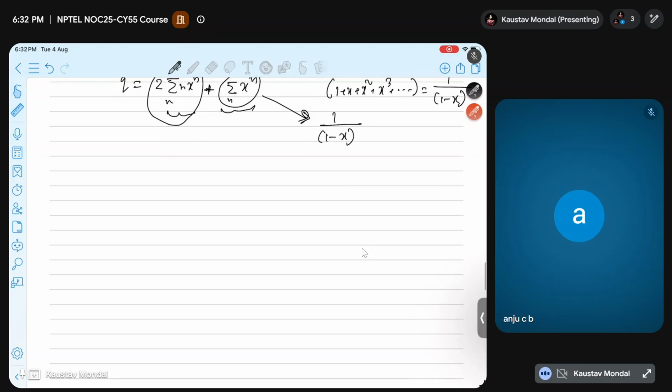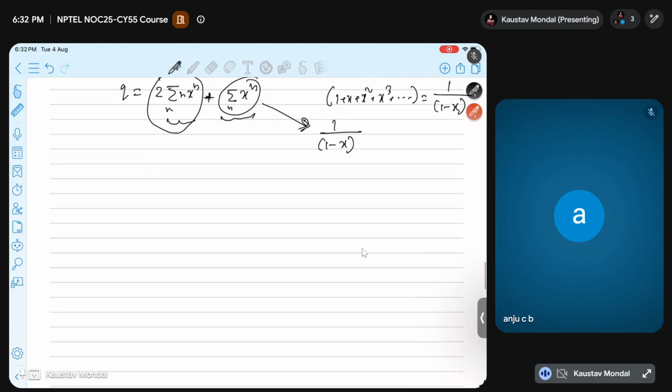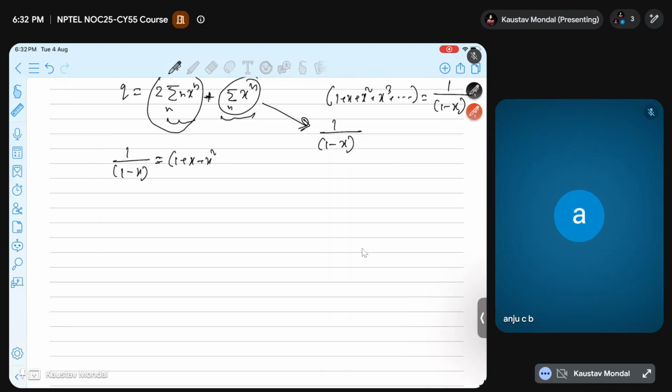There is a way to find out that form of the summation. First let me write out this thing: 1 by 1 minus x we know is basically 1 plus x plus x square plus x cube, like this.